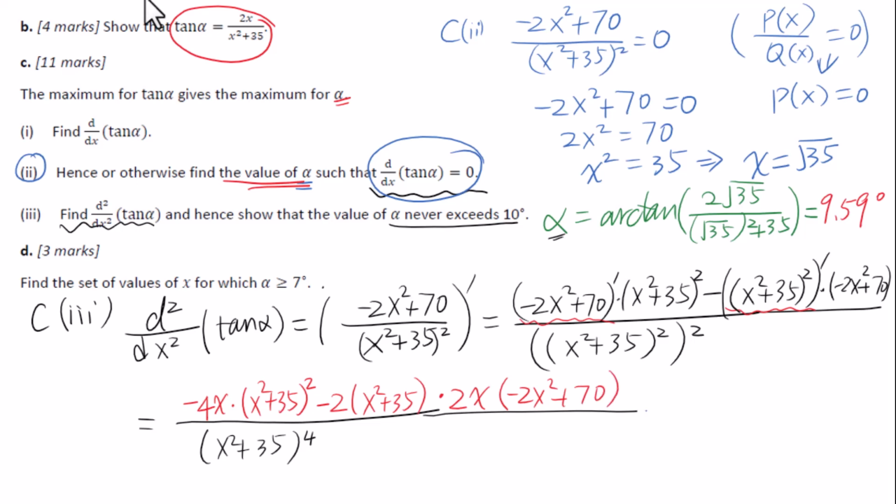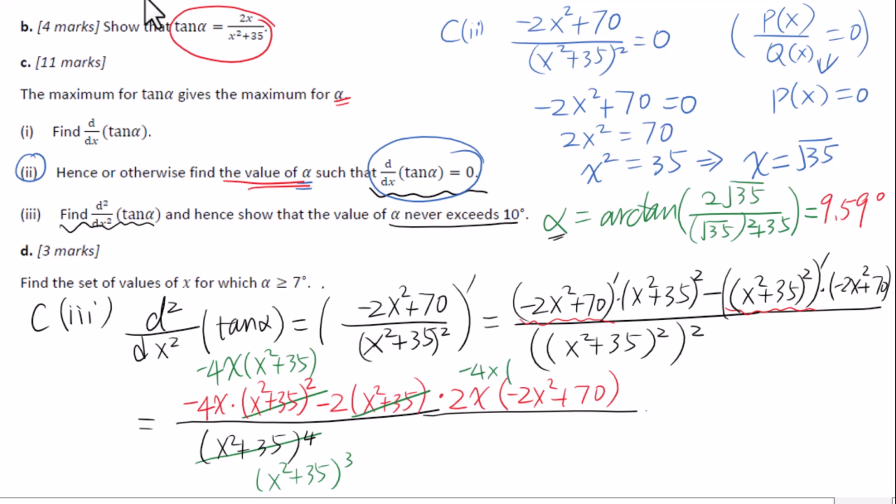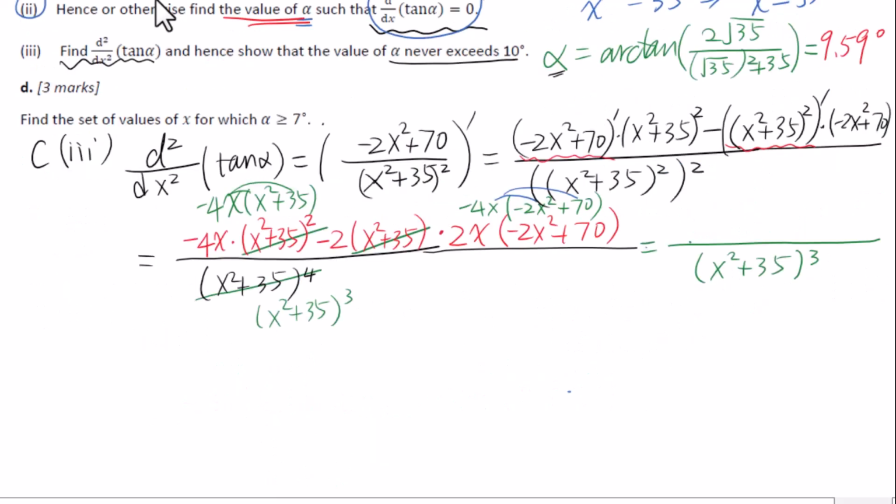We need to reduce x squared plus 35 first. X squared plus 35 to the third power. X squared plus 35 left, negative 4x. This is gone. Negative 2 times 2x will be negative 4x times negative 2x squared plus 70. Denominator is x squared plus 35 to the third power.